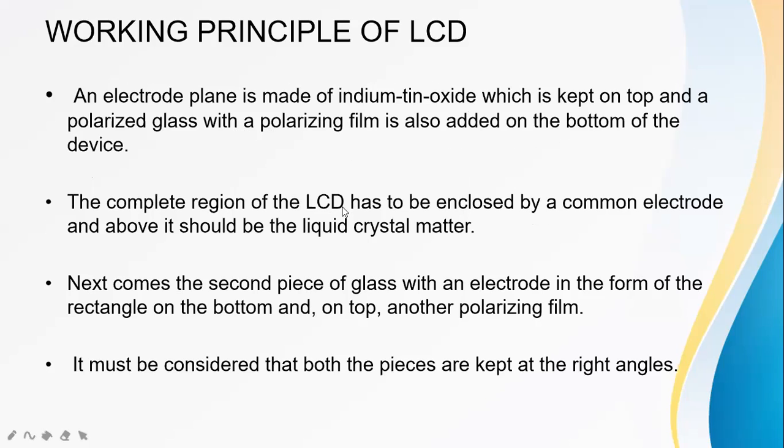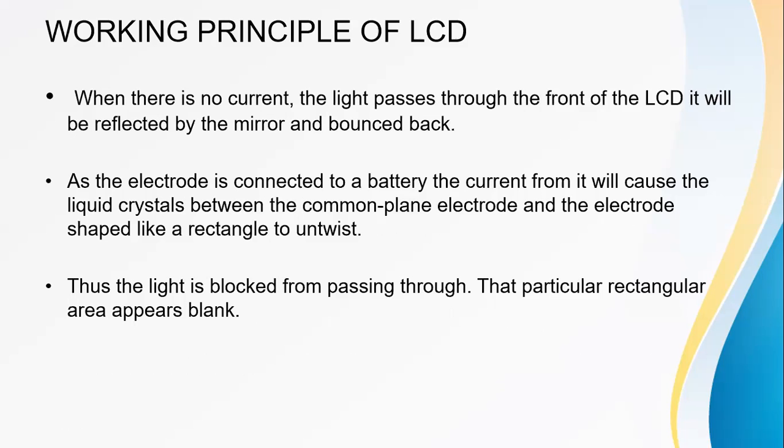The complete region of the LCD is enclosed by a common electrode, and above it is the liquid crystal matter. The second piece of glass with an electrode in the form of a rectangle has another polarizing film on top. There will be two polarizing films.